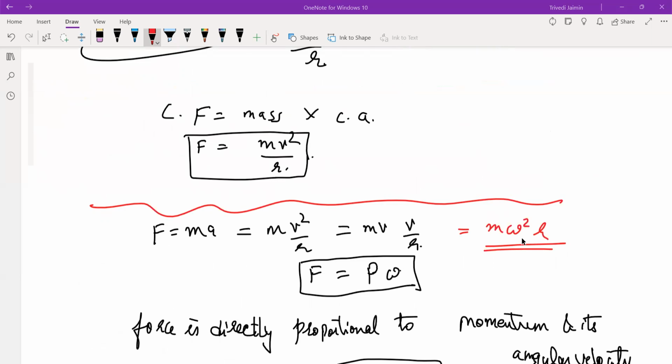Like when a body is moving at constant speed in a circular path, suppose, they are not in equilibrium.